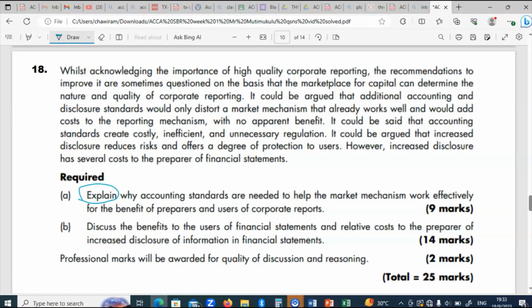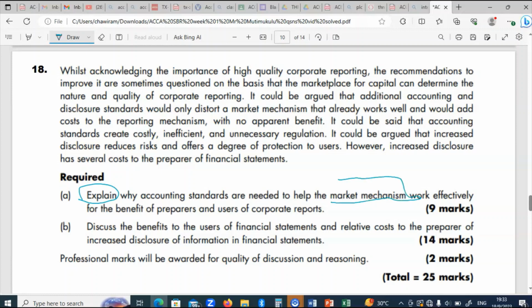All right, so which means you need to at least try to bring the case, try to explain what those standards are. Okay, and then when you show what accounting standards are, you then have to explain, or give the reason why they are important or why they are going to help the market mechanism.